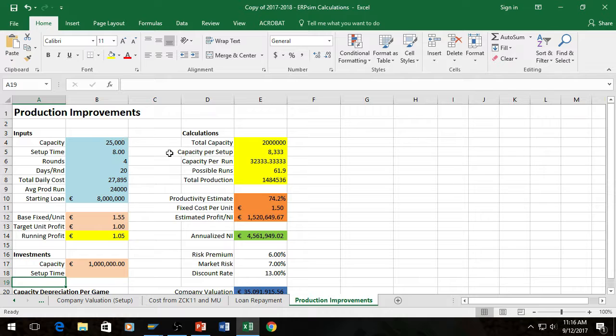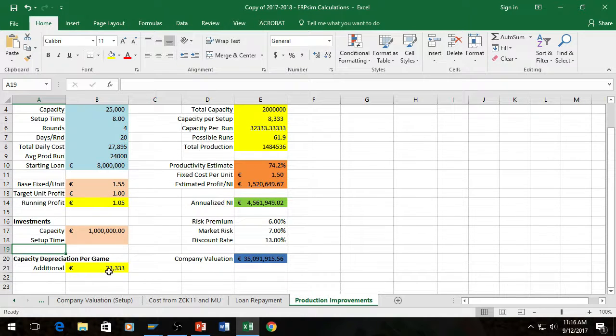So for a 1 million investment to get 1,000 per day, the depreciation per game ends up being 33,333. That's across the entire game, as opposed to 50,000 for setup time reduction, which is lobbed right off of your net income right off the bat. You save the transaction, it's gone.